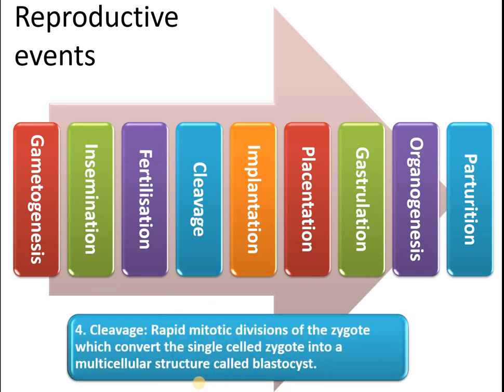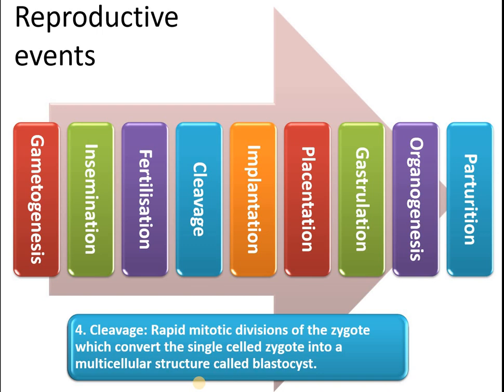Cleavage. By mitotic division of zygote, the single cell zygote is converted into a multicellular structure called blastocyst. Here, before the zygote formation, that is during gametogenesis, meiotic cell division takes place.